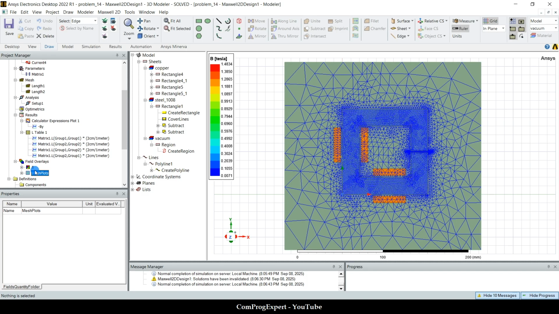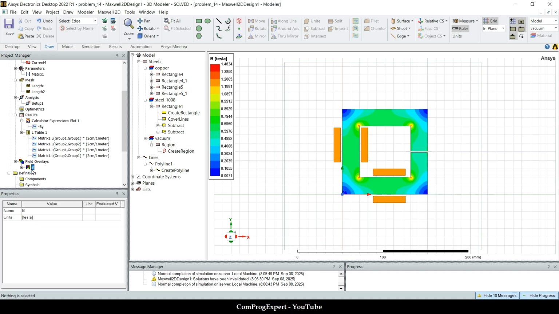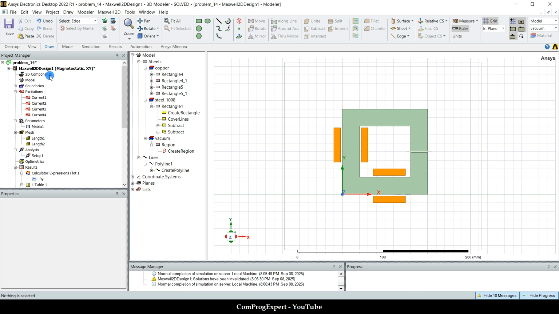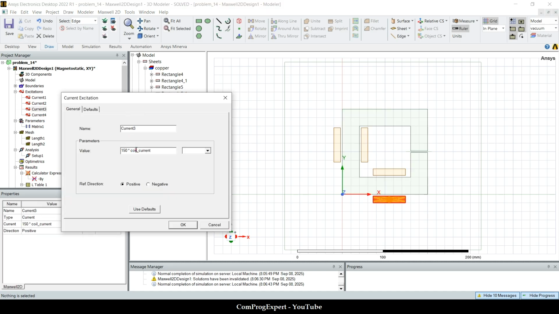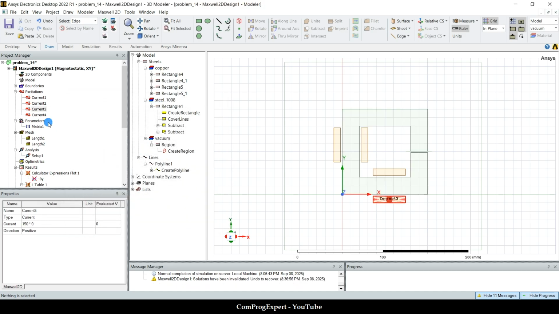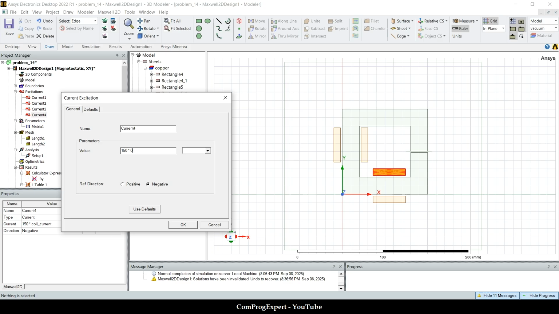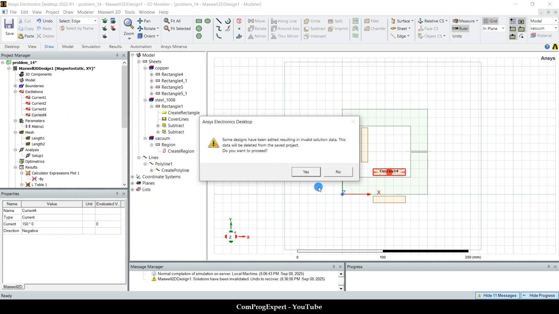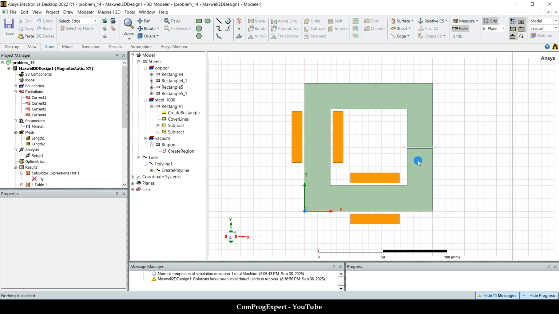If I delete the mesh, delete the B, I want to set the value of the current for the phase A only equal to 2 and set the current of the phase B equal to 0. And let's solve the problem.